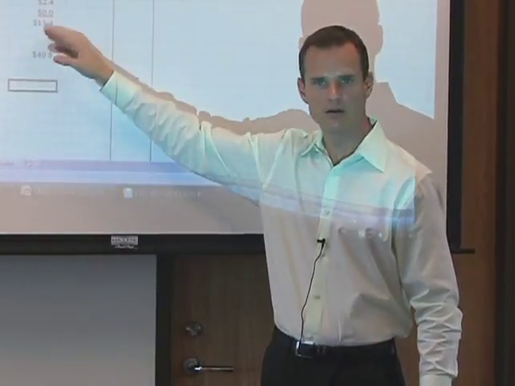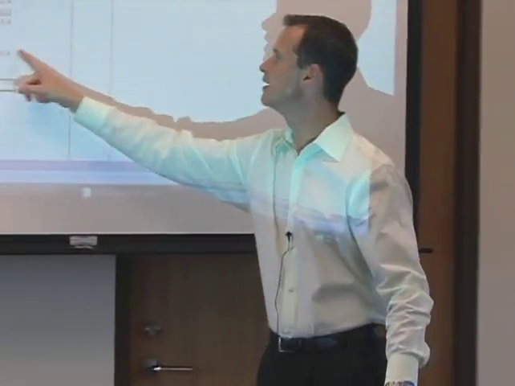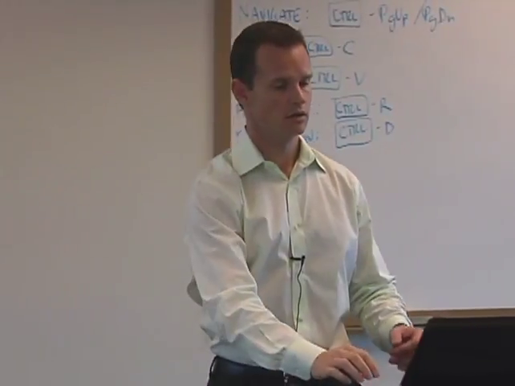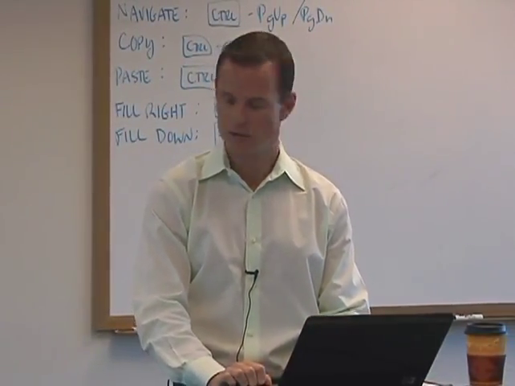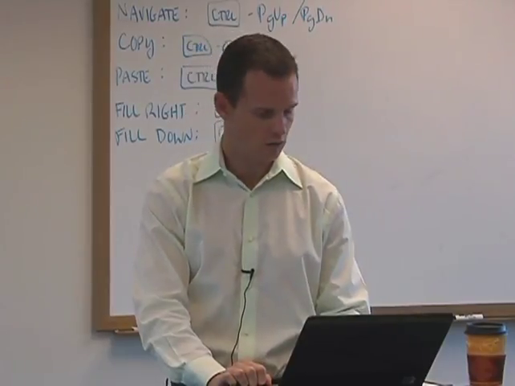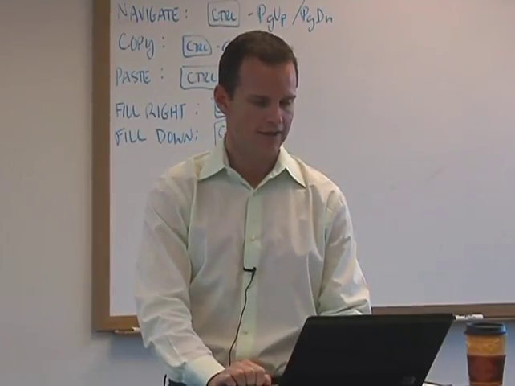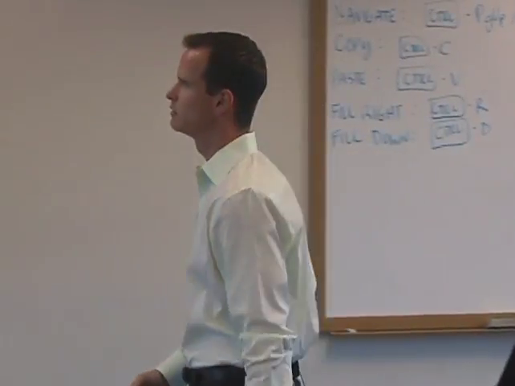If you use a fill command, it'll fill in every cell below where you specify, or if you use a fill right command, it will put that same formula into every cell to the right. For a fill down command, I need to select, first of all, the cell that I'm copying, hold down Shift, and then select my destination range.